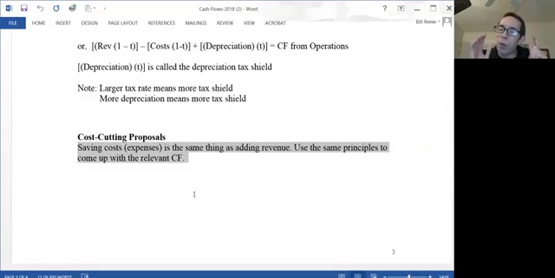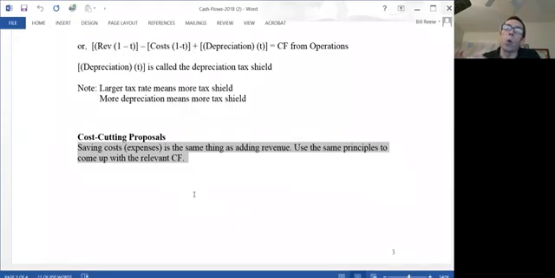By the way, if you save on your costs, the IRS doesn't say, wow, congratulations, you get to keep all that money. They're going to say, wow, congratulations, we want some of that cost savings that you put in there. So you're going to get taxed on cost savings just like you get taxed on additional revenue because it'll filter down to your taxable income there. So treat cost-cutting proposals pretty much the same way as you would with a project that gives you additional revenue.